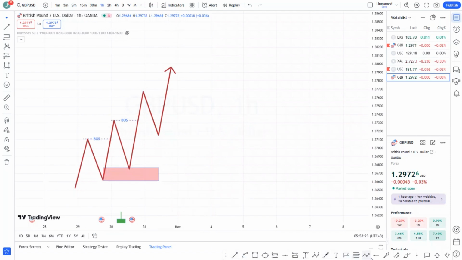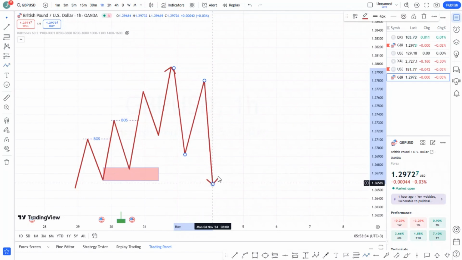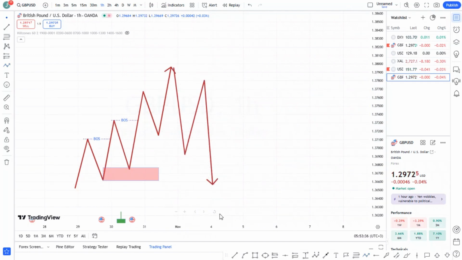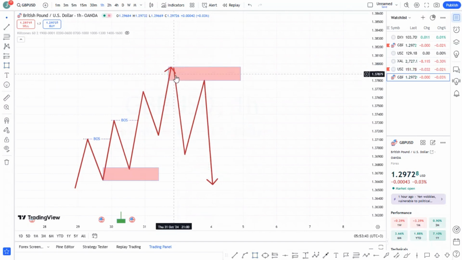What do I mean by changing character? This is what I mean. Price coming back and taking out this low, then going back to the order block before it continues going down. So if an order block is to be formed at this zone here, you'll only consider this order block valid after we have a shift in structure here.